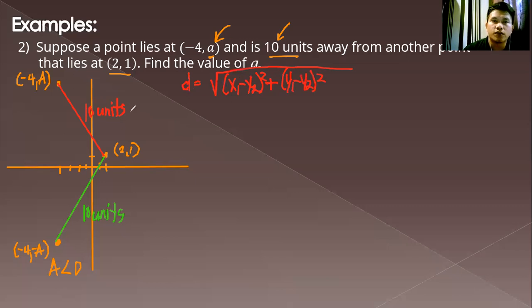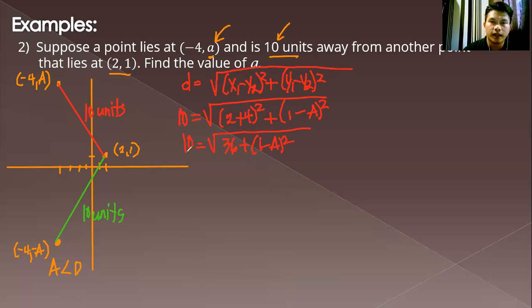The distance is 10 units, so 10 equals the square root of (2 minus negative 4) squared, negative times negative becomes positive 4, plus (1 minus a) squared. So 10 equals the square root of 6 squared, that is 36, plus (1 minus a) squared.